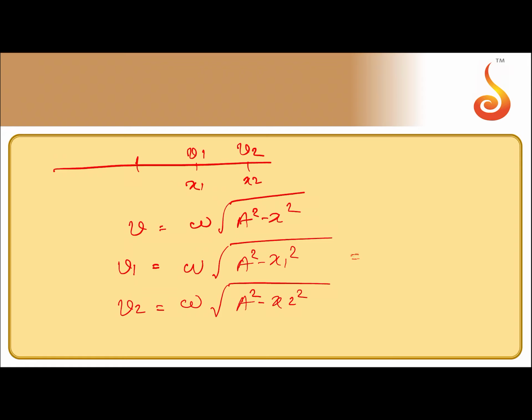That is, v1 square is equal to omega square into a square minus x1 square, v2 square is equal to omega square into a square minus x2 square. I will subtract one from the other. I get v1 square minus v2 square is equal to omega square into x2 square minus x1 square.